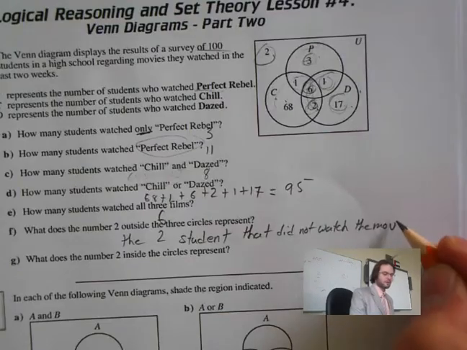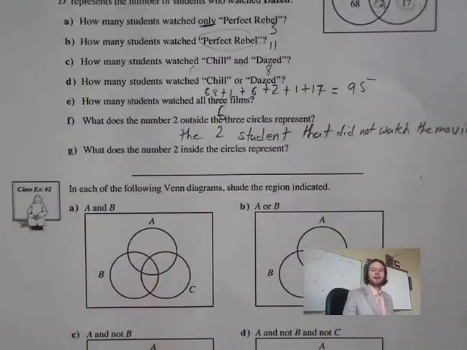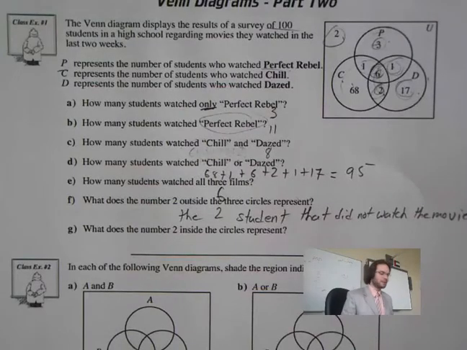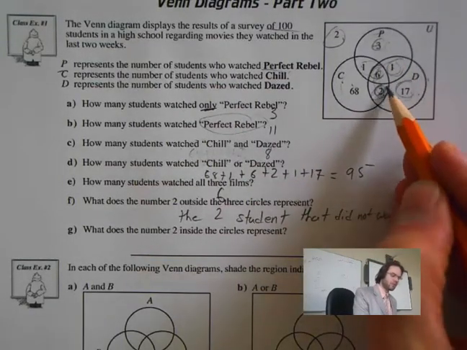It did not watch the movies. Now the last one says, what does the number 2 inside the circle represent? So we want to know what the number 2 inside the circle is. This is the only number 2.